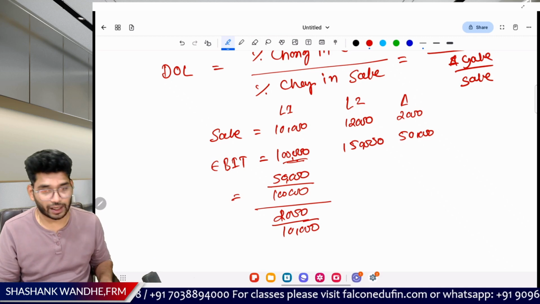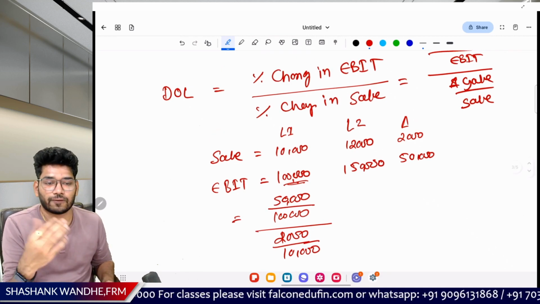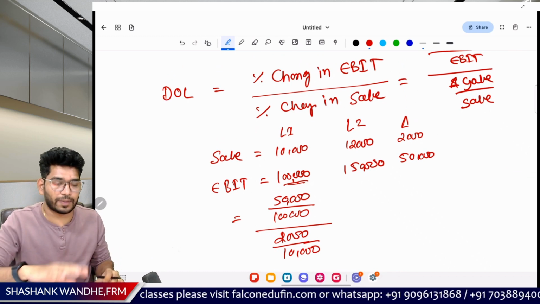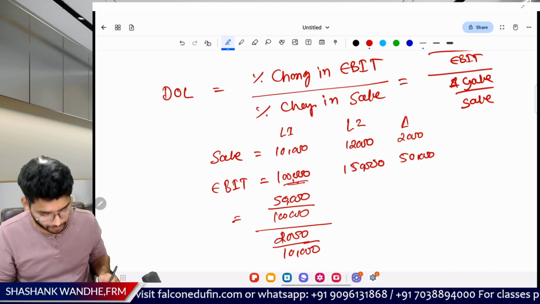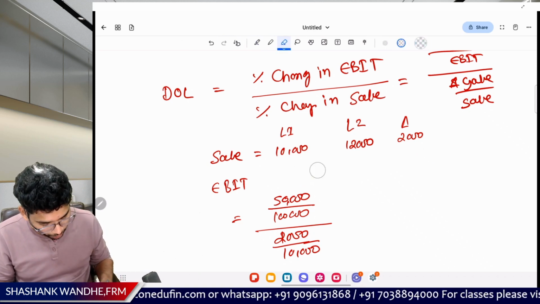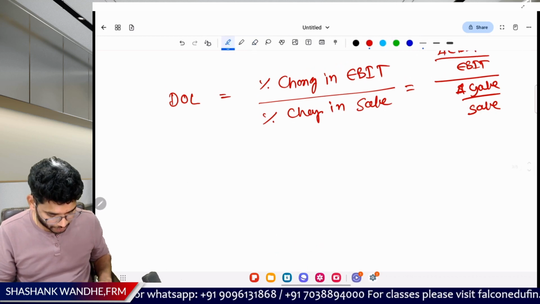Simply solve this and you will get your answer. Now you can do the calculation. For me, the calculation is not that important because the formula is very simple and straightforward. Here, the point I'm trying to make is this.